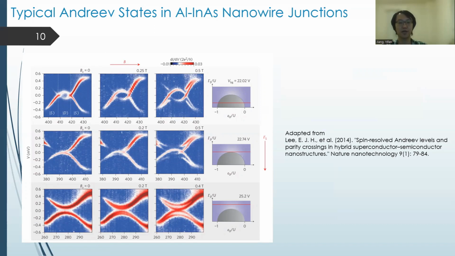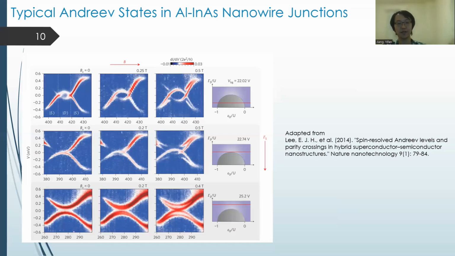For example, as shown on the top three plots, they can have the loop-like features shown in this slide, which is the so-called weakly coupled regime. For the strongly coupled regime, shown in the three bottom plots, you can see now there are two curves, and these two curves do not even need to attach at zero bias.